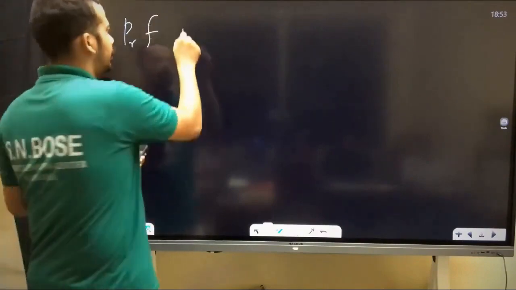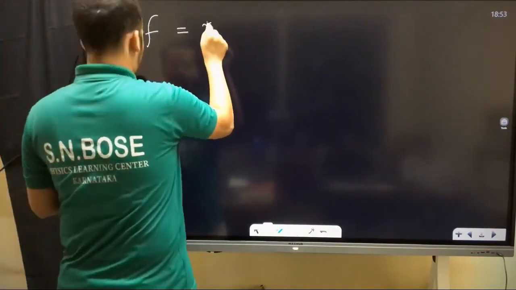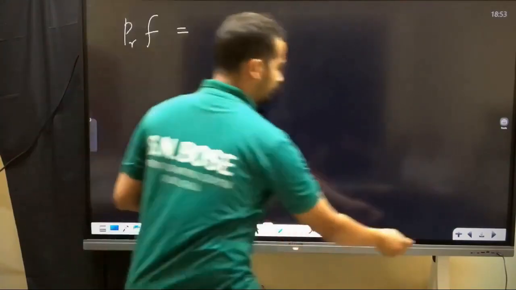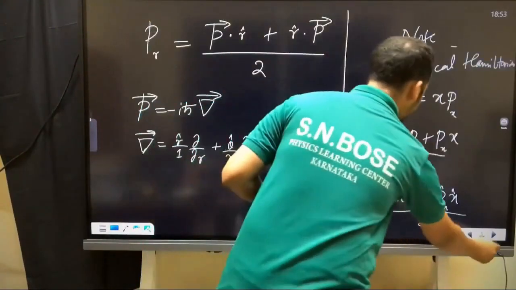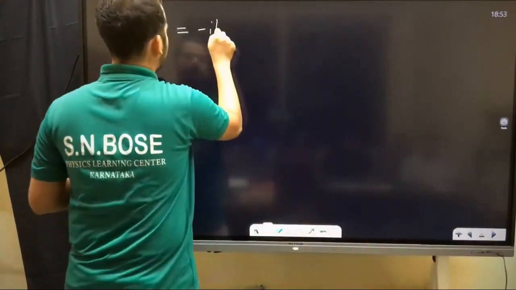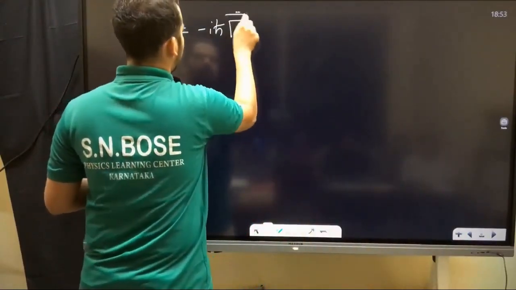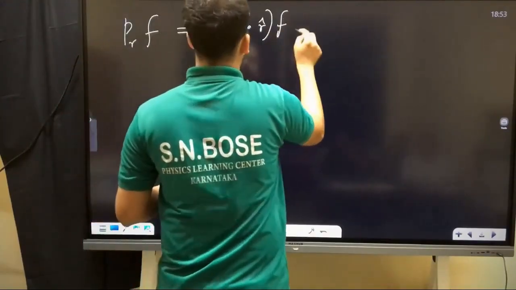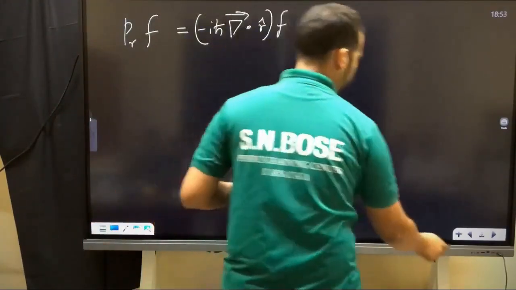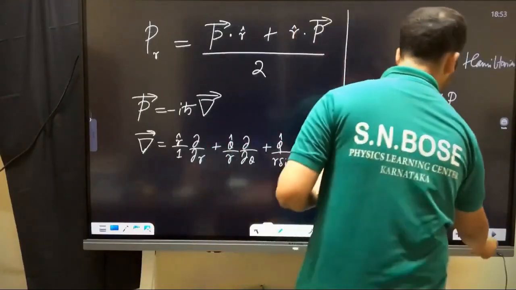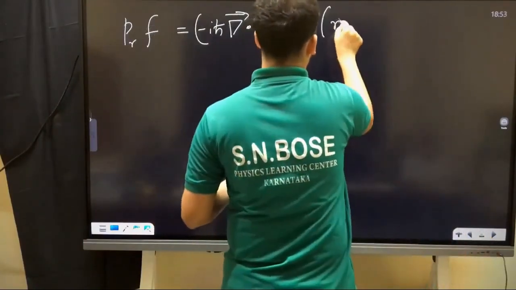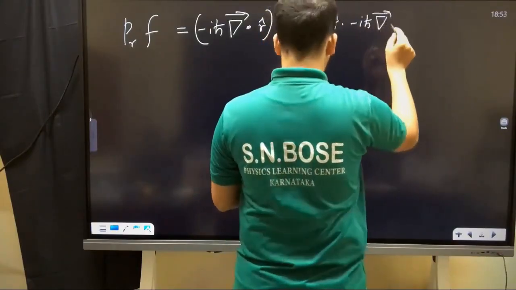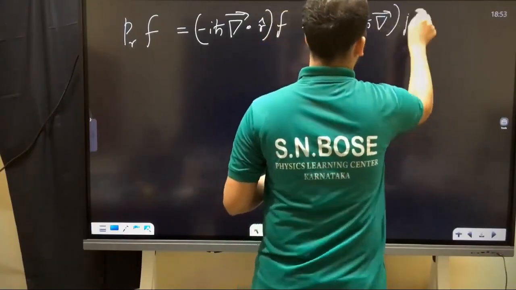What is this p_r? It is one half of p vector dot r cap, where p vector is minus i h bar del, operating on f, plus r cap dot p, that is r cap dot minus i h bar del, operating on f.